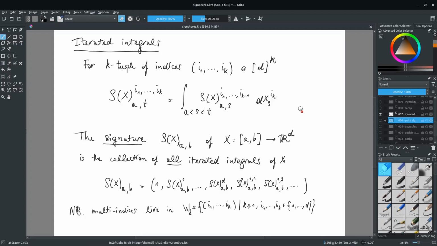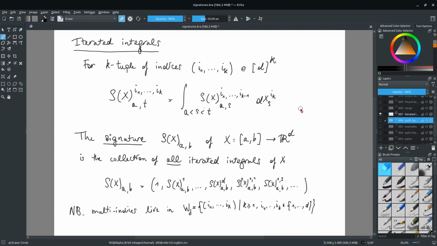And so I have an infinite quantity of numbers that describe my path. It turns out that this collection, which we call the signature, contains all the information about the path. The nice thing about that is it's a bit like the Fourier transform or stuff like that, where you take a single function and describe it as a stream of values that, if you take all of them, give you all the information you need.